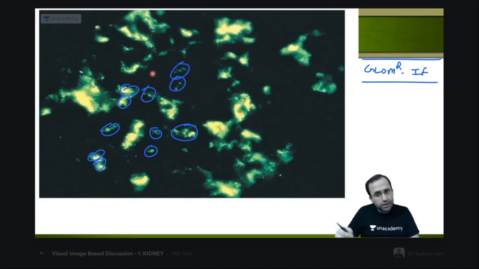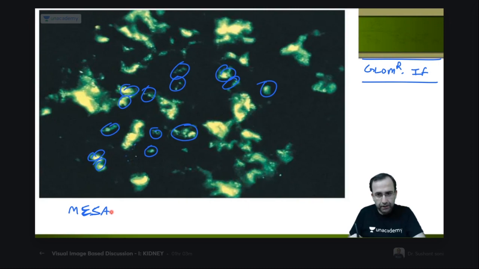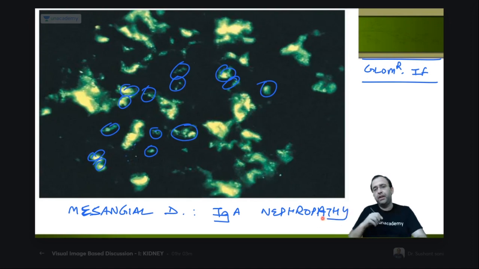Mesangial cells, making these mesangial deposits, seen in IgA nephropathy. It was seen in IgA nephropathy and HSP, Henoch-Schönlein purpura.